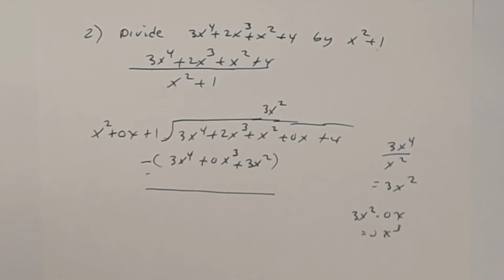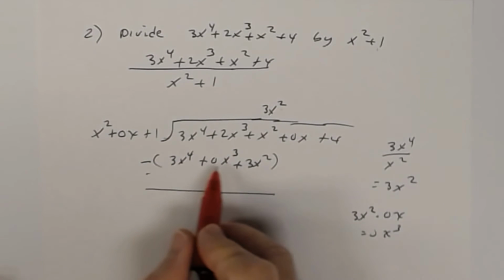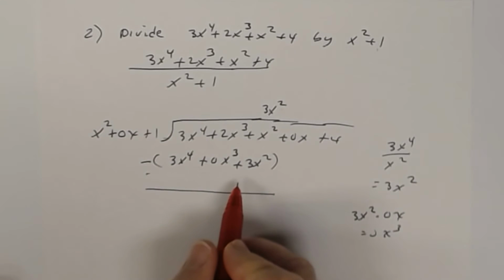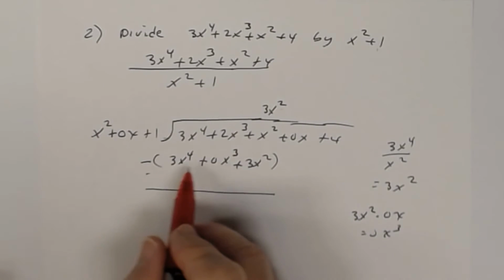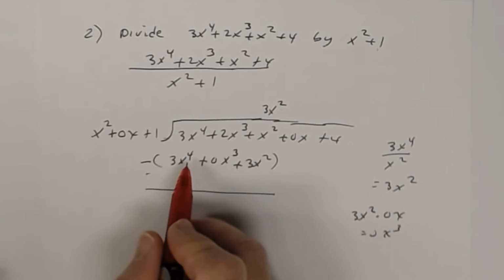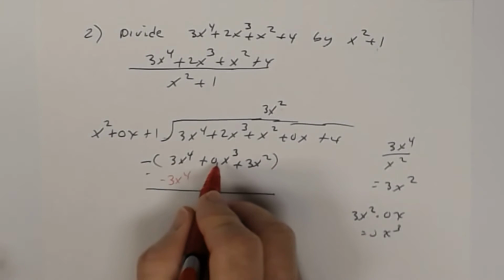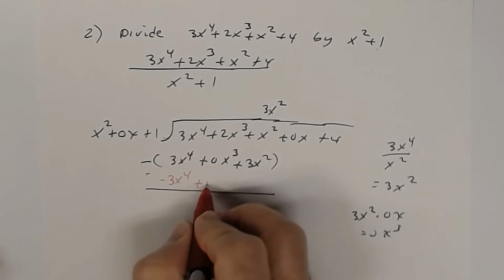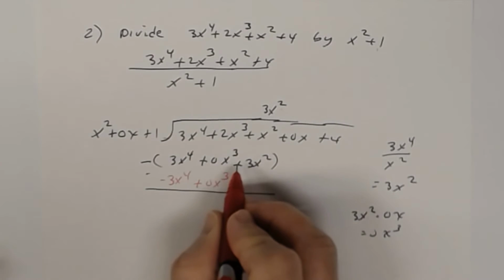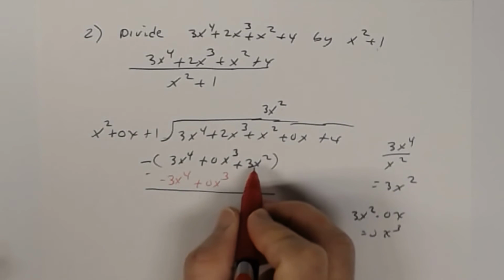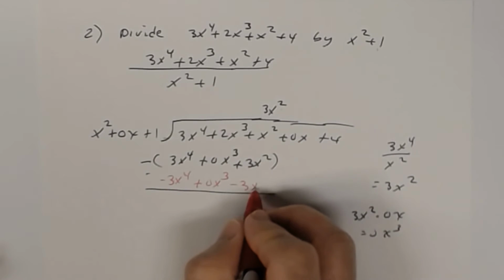And so what some students like to do is they like to rewrite this expression here, just rewrite the equivalent expression. So the opposite of 3x to the fourth is negative 3x to the fourth. The opposite of 0x cubed is still 0x cubed. The opposite of 3x squared is a negative 3x squared.